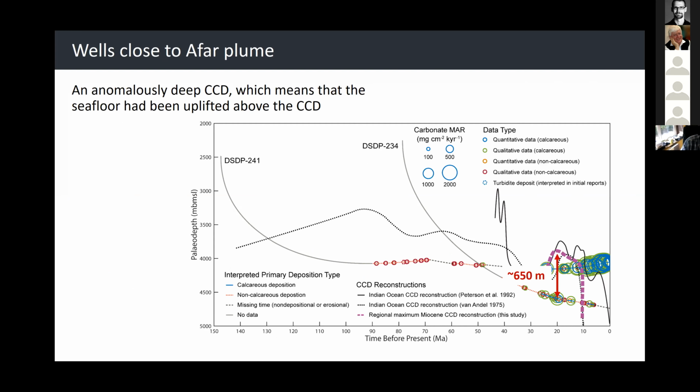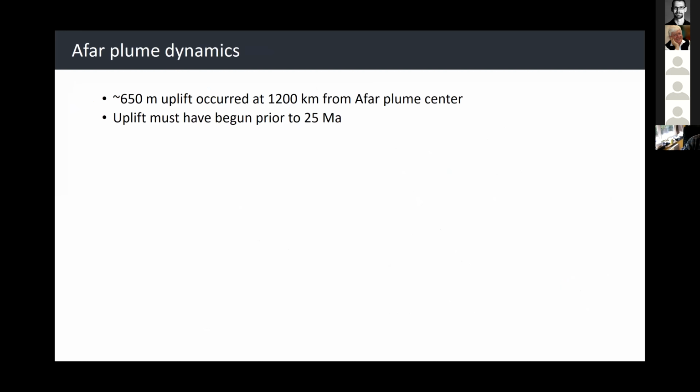And by comparing the timings of the crossings of these lines, we find age constraints. So we find the following. We find that about 650 meters of uplift occurred about 1,200 kilometers away from the Afar plume center in the westernmost portion of the Somali basin.